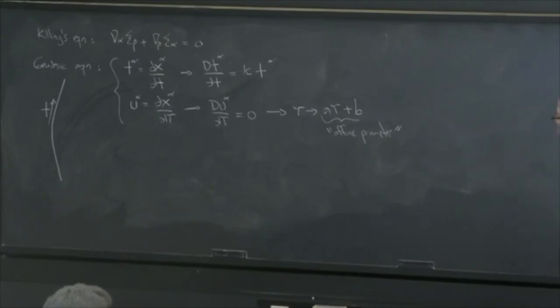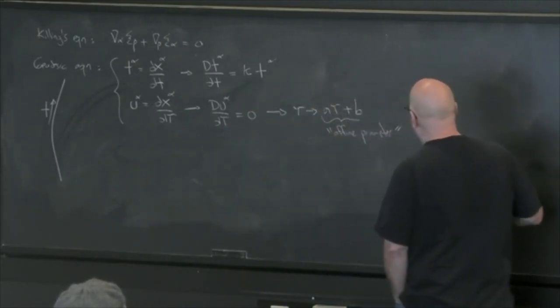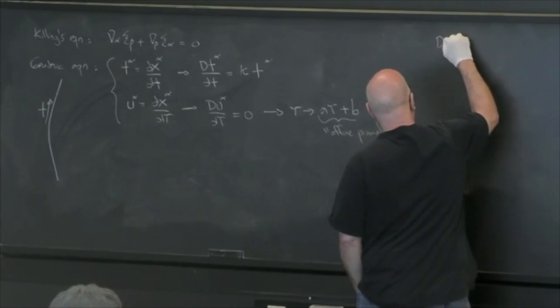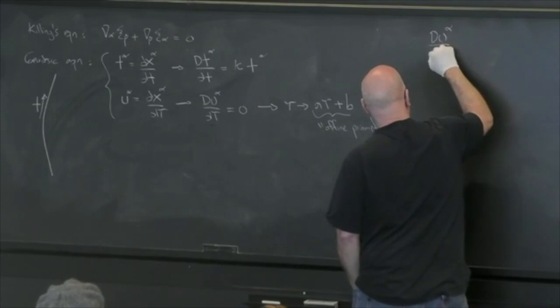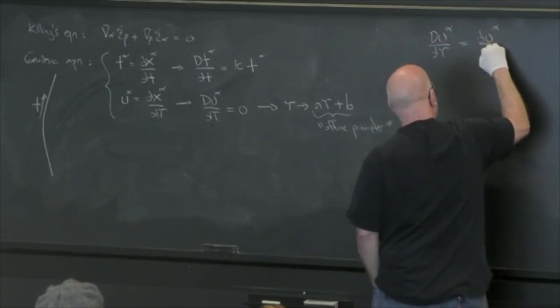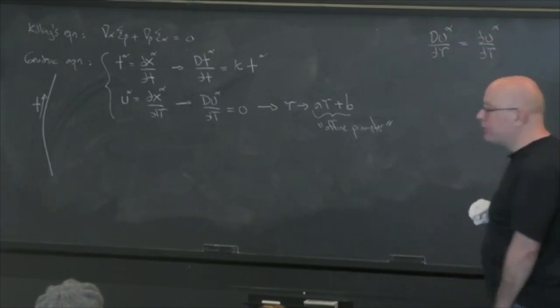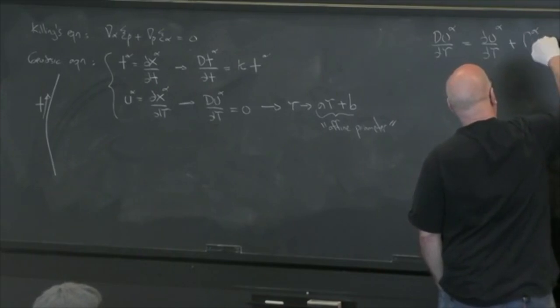Okay, so that summarizes the morning. And the other thing that I'll say is that we can unravel this notation here. We can remember that the covariant derivative, I'll use the restricted formulation here, is really shorthand for the ordinary derivative with respect to proper time plus Christoffel terms.